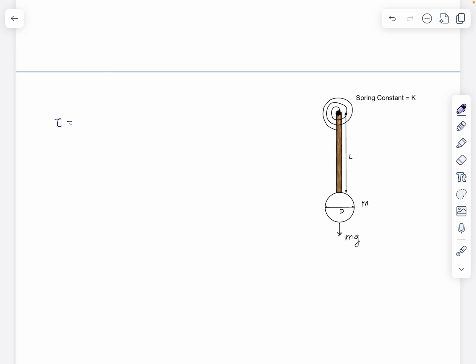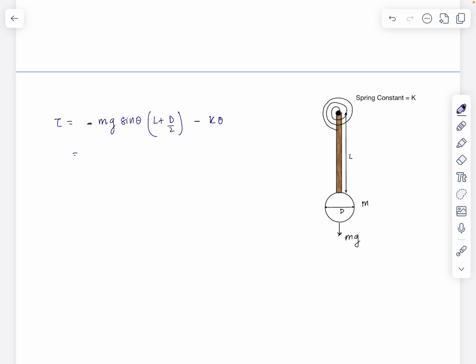One component comes from the weight of the pendulum, which is mg sine theta, being the force, and the distance of the force from the pivot point is L plus d/2. There is another contribution from the spring, called k theta, and since both of these are restoring torques, we'll put a minus sign in front of them.